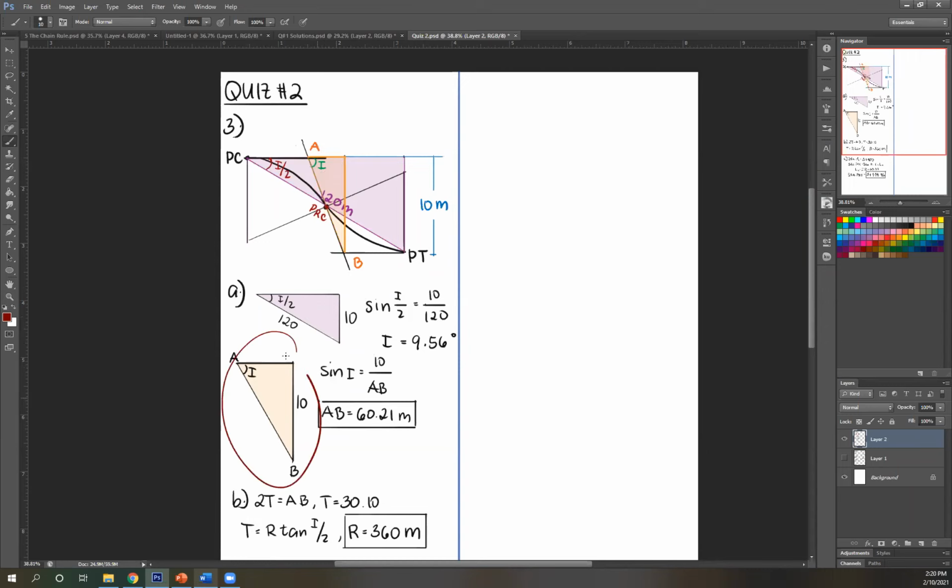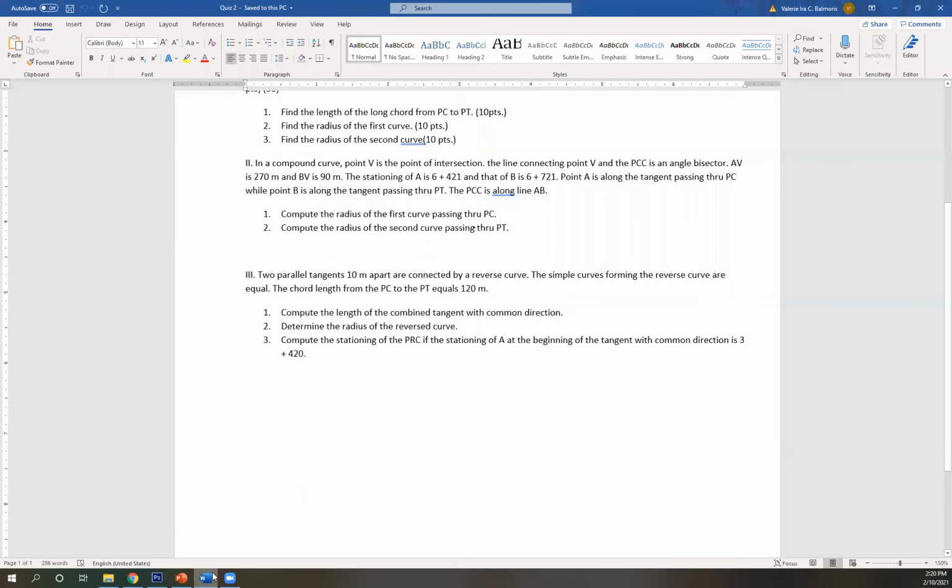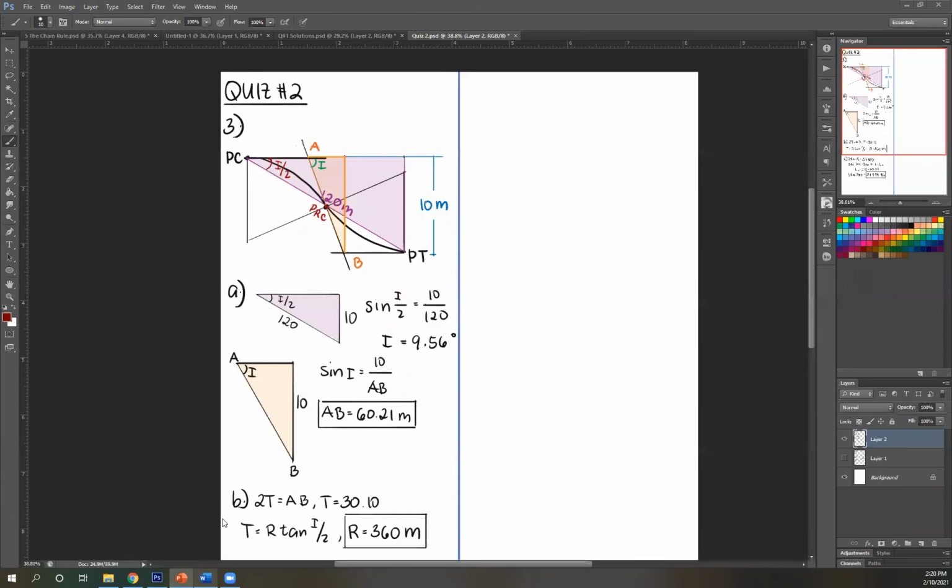If I isolate that, I get this. So again, this is your 10. And let's call these, is the point given? No, it's not. So I just named this A, B. So we're looking for line AB.